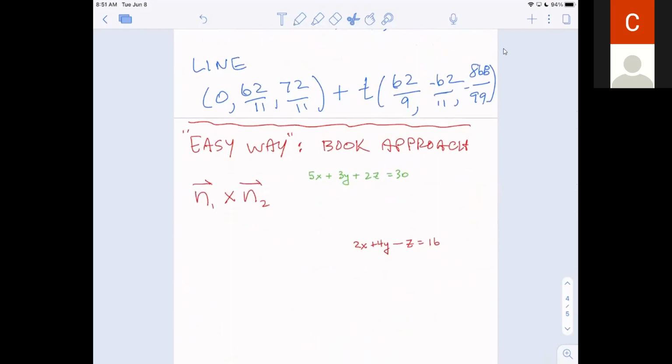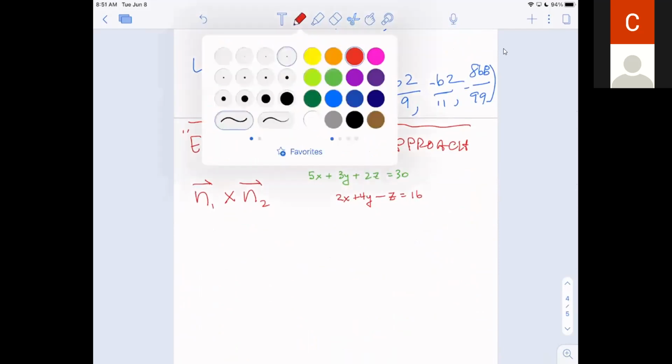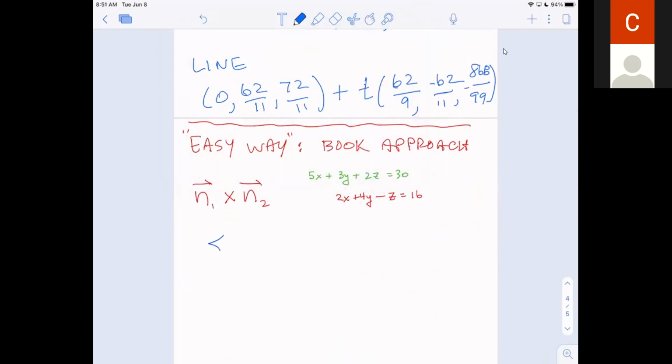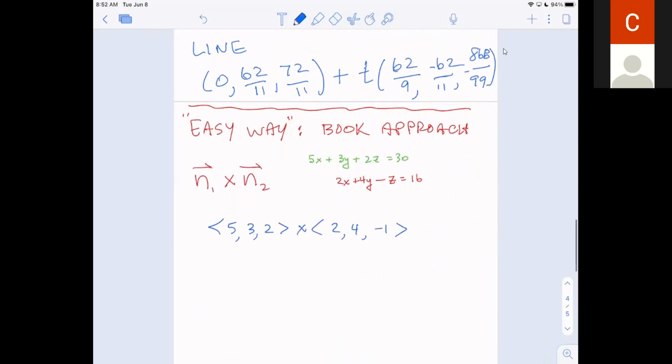Think about that while I do it. So I take 5, 3, 2, and I dot it with 2, 4, -1. No, cross. Not dot. We're going to cross product that. And that was a little more involved than a dot product, right?